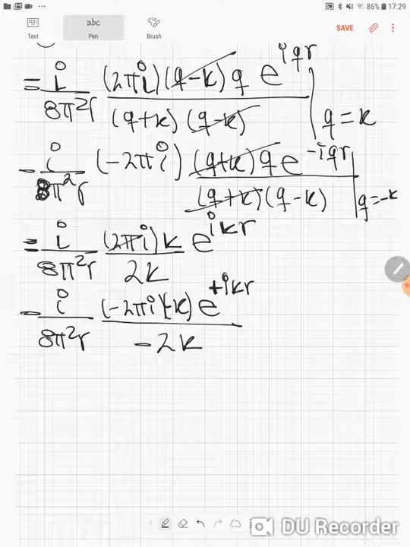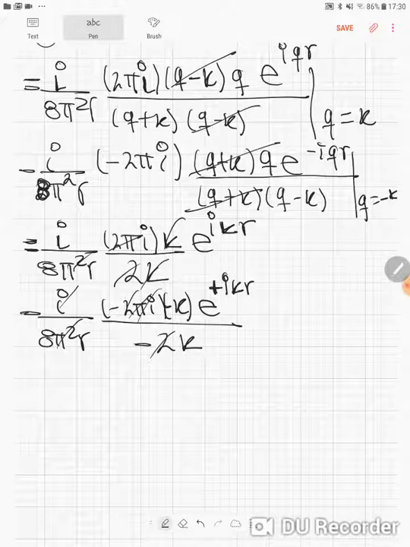Okay, so here we can start canceling stuff. 2 pi I and pi here, and this goes away. This I and I, it's a minus sign. This k and k goes away. The same thing here. This I and I is a minus sign. This 2 and this 2. This pi with this pi.